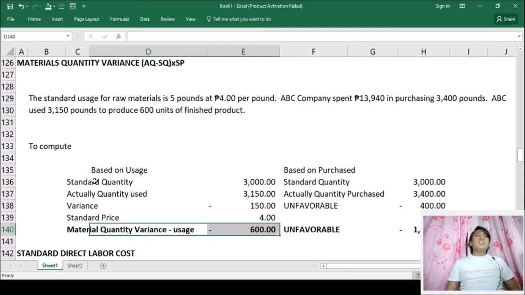Kasi the problem is very silent as to what type of material quantity variance. And if the problem is silent, okay, the quantity variance must be based on usage.